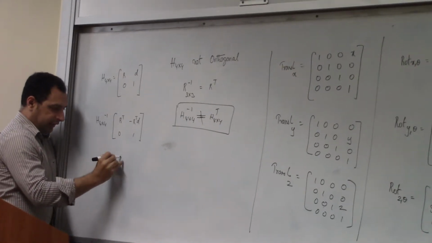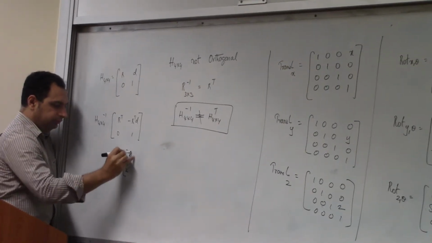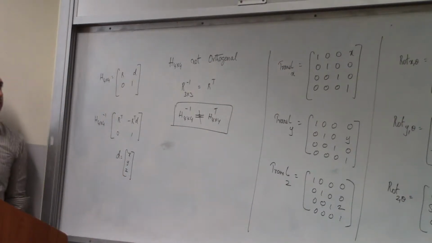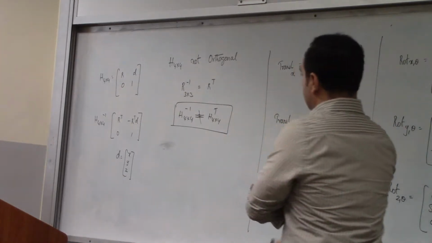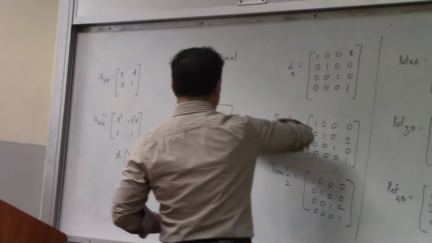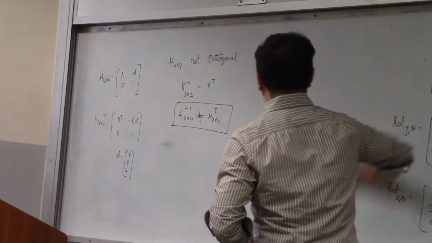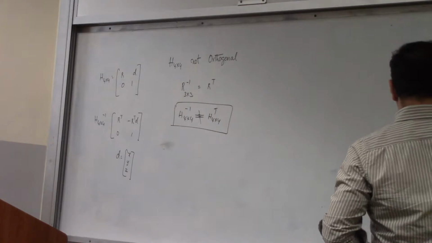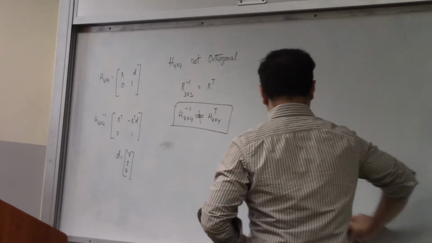So when you do an inverse in this case, you cannot just take a transpose, but you'll have to take the transpose, multiply with D, and do it in parts and put together the inverse matrix, as opposed to just directly taking the transpose.